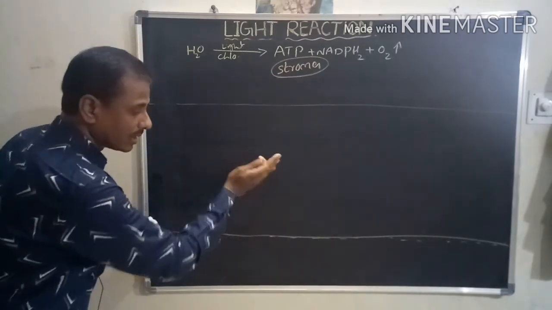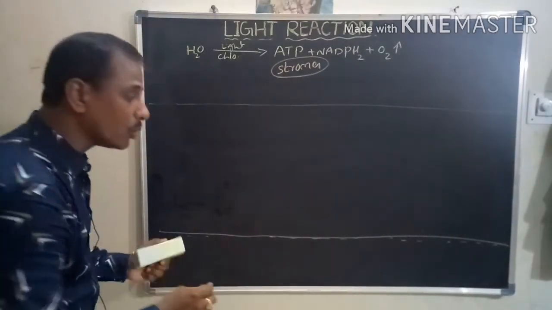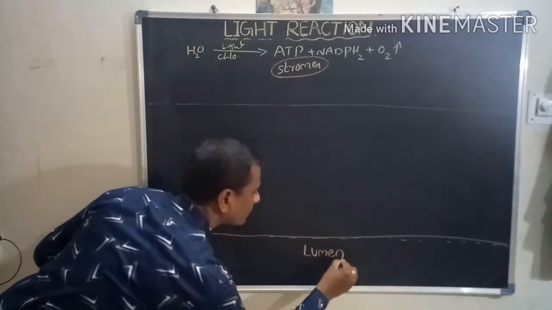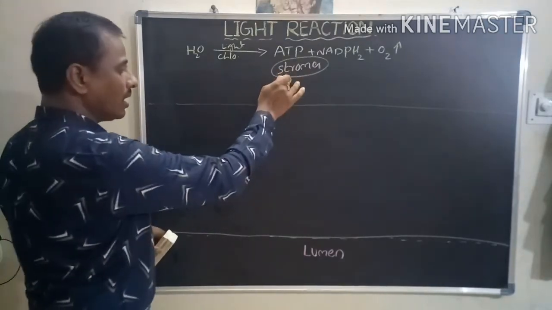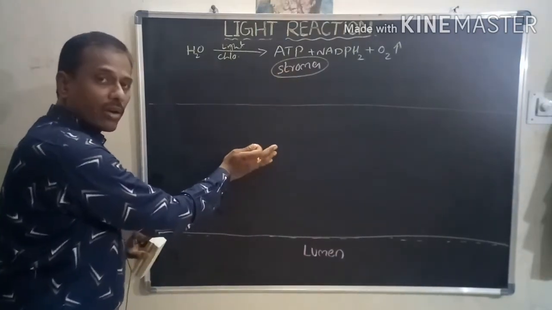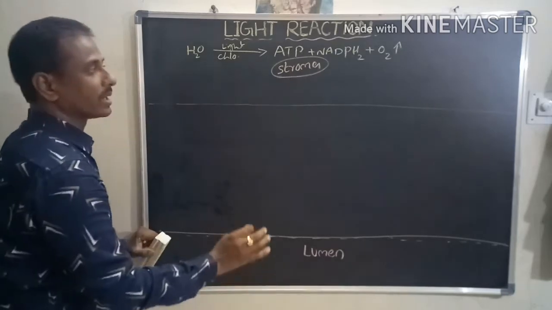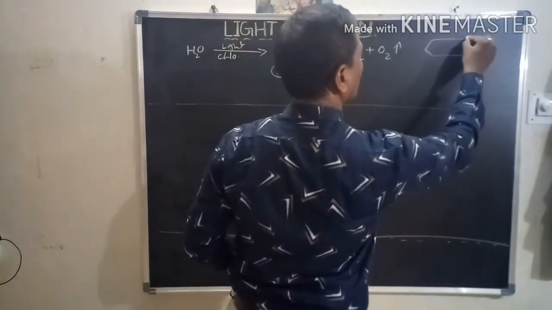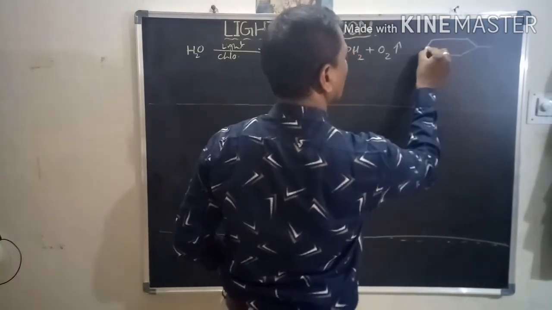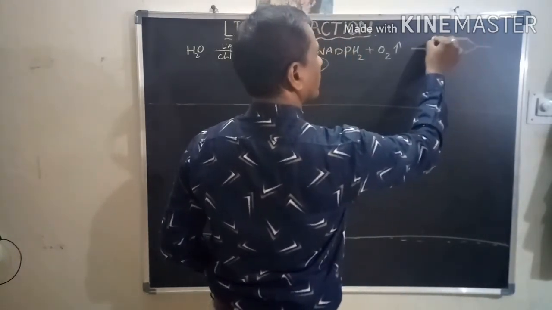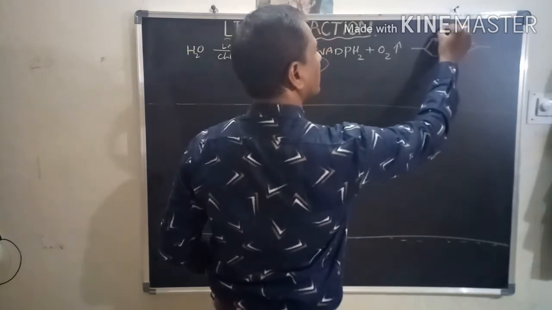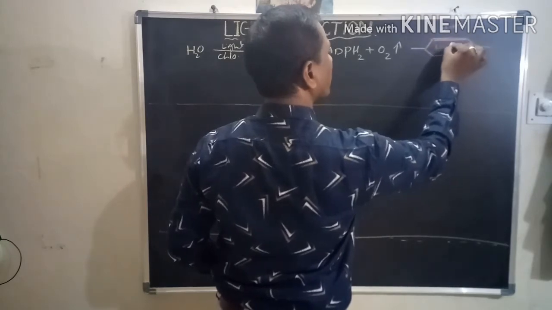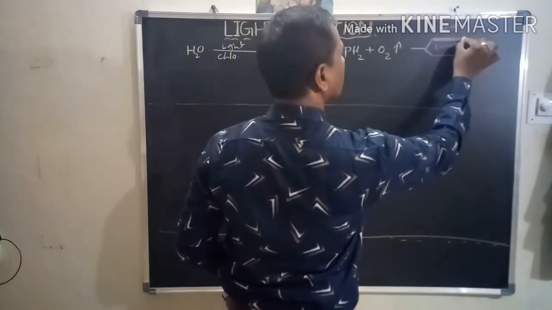This is a membrane. This part is called the lumen. So three spaces: stroma, thylakoid membrane, and lumen. Just I will show here. See, this is the membrane part. This is stroma. This part is lumen. I am showing this membrane part.